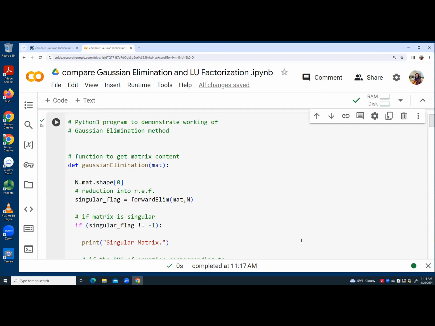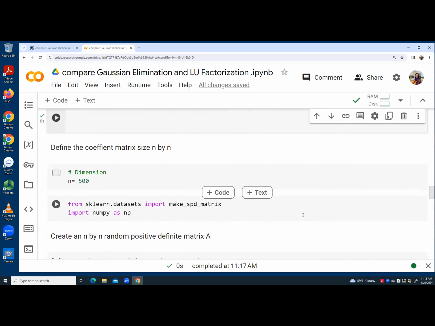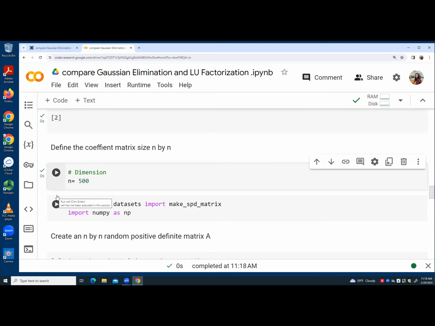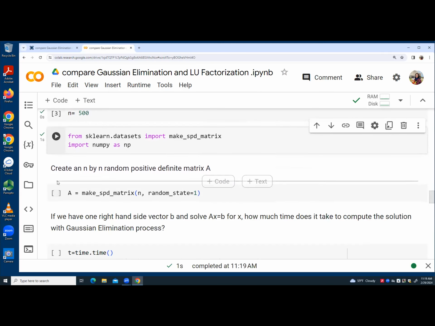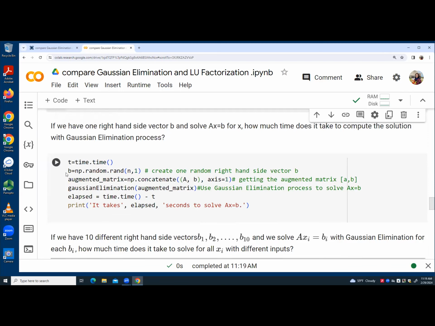Let's go to the next part to see what happens here. I'm going to define n as 500. This is a really big matrix, 500 by 500. I'm going to use the package here to generate one symmetric positive definite matrix, and one random right-hand side, and put them together to be my augmented matrix.